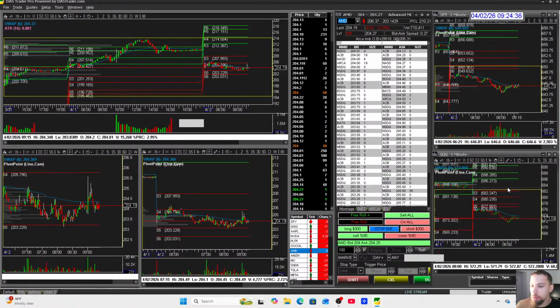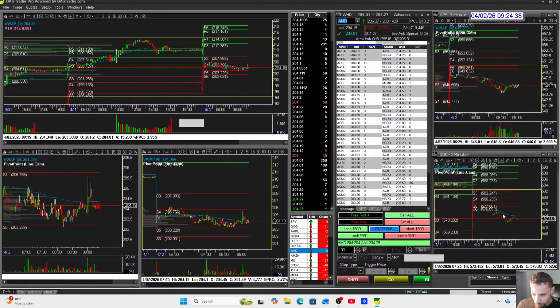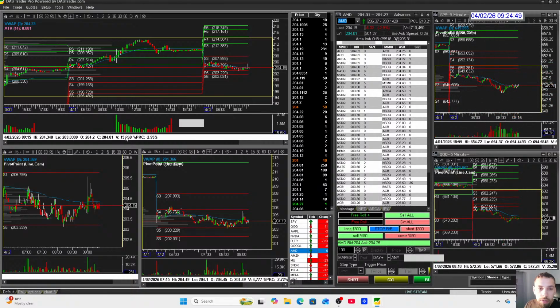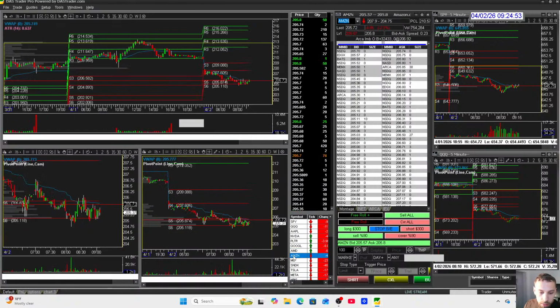Due to the market conditions, it'd be interesting to see if SPY and Qs don't try to rally back up to around the S6 level and then sell off again. I don't know. Just never know with the market these days.